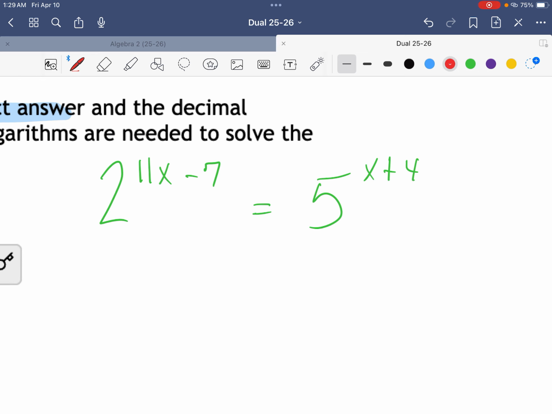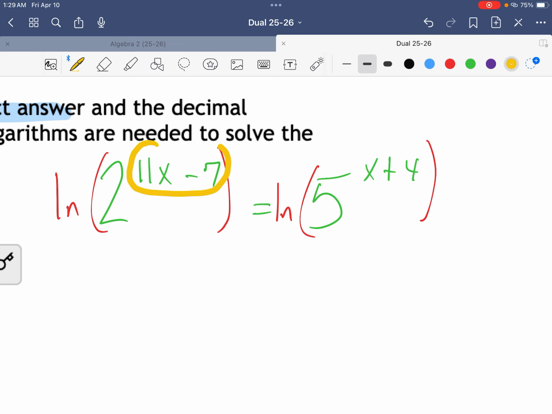Now this one's my favorite question because it's a lot of work, right? What do we do first? Well, take the ln of both sides because you can't make a 2 and a 5 go into the same thing. The reason we take the ln of both sides is because it's going to allow us to take all of this down to the bottom, all of this down to the bottom.